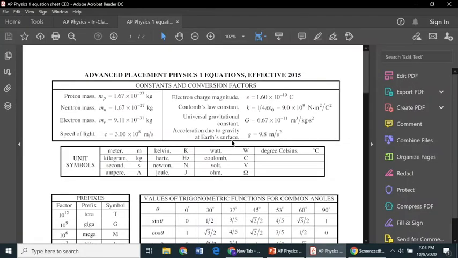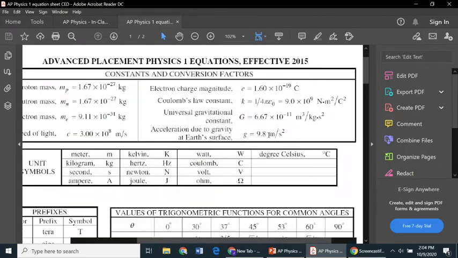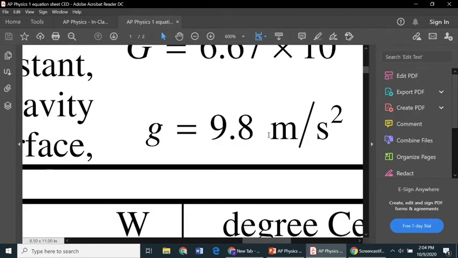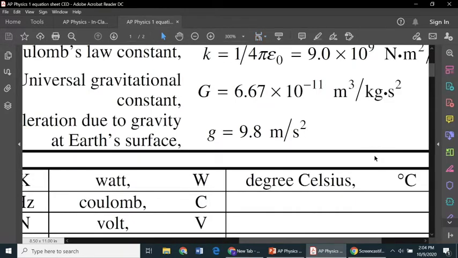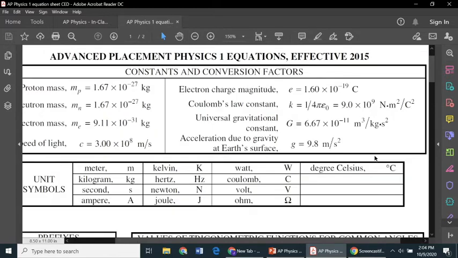And that's because the AP Physics reference table uses 9.8 meters per second squared for the acceleration due to gravity. So notice that number is the first constant that we've seen in the reference table so far, and that number, 9.8 meters per second squared, in this particular reference table is given only to two significant figures.